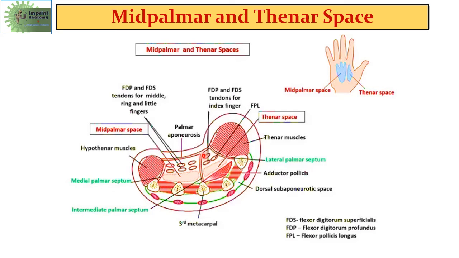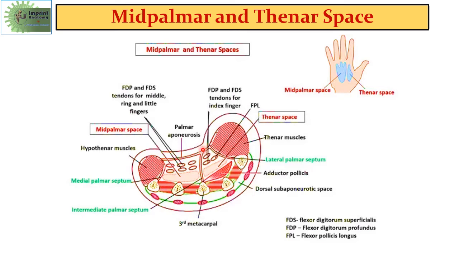Medially it is bounded by the intermediate palmar septum and laterally it is bounded by the lateral palmar septum. Proximally, again towards the forearm, it extends up to the distal margin of the flexor retinaculum, and distally, towards the fingers, it extends up to the distal palmar crest.